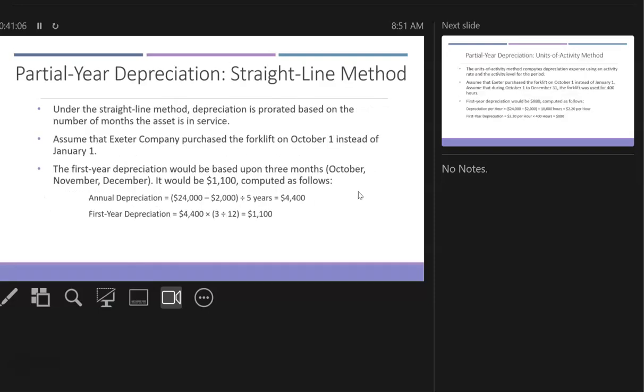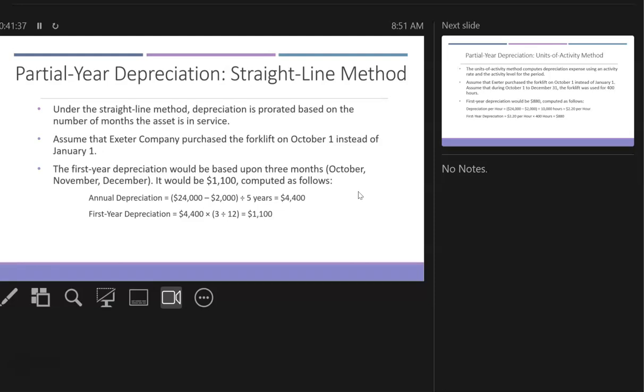So, if we're looking at the straight line method, and we assume that Exeter bought this forklift on October 1st instead of January 1st, then it's going to be done a little different. Think of this. Normally there are 12 months in a year. If this forklift was purchased on October 1st, don't we only have 3 months for the first year?